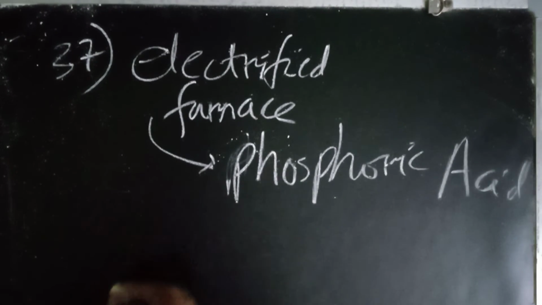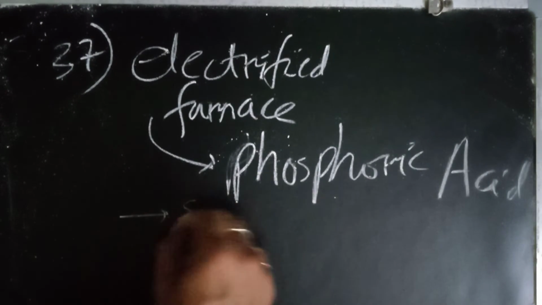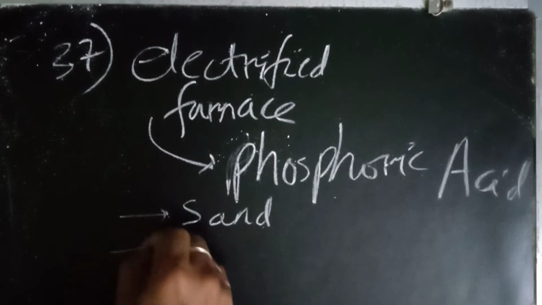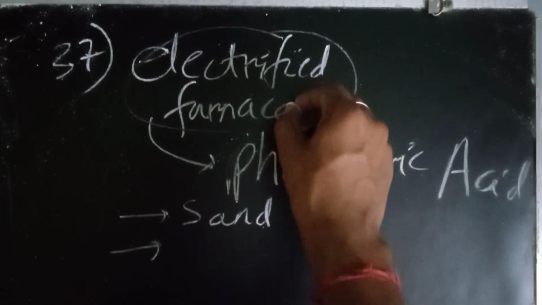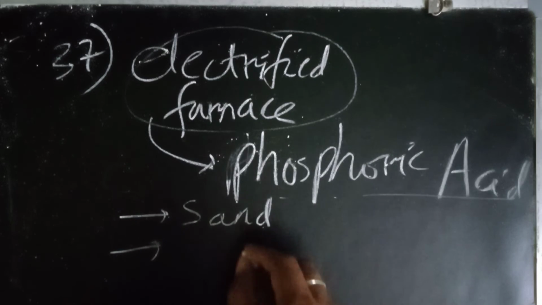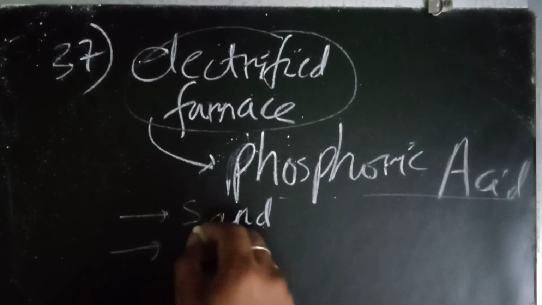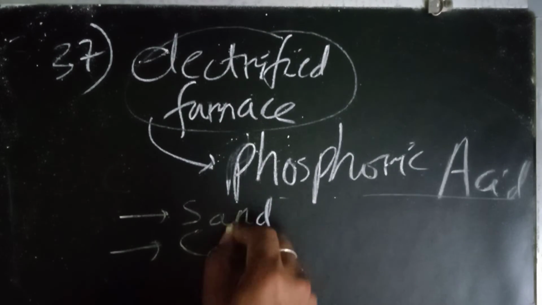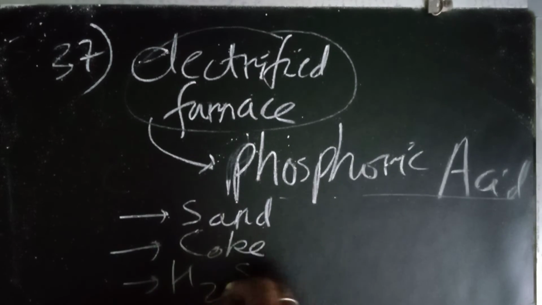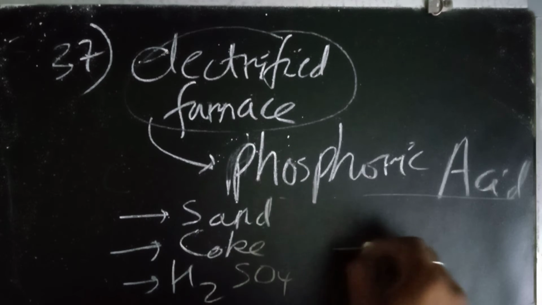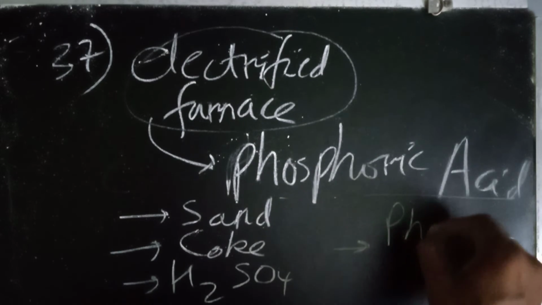What is not the raw material? In this whole production where the electrified furnace is used for the production of phosphoric acid, what is not the raw material? There was sand, there was coke, and there was sulfuric acid, H2SO4, and one more was there, phosphate rock.